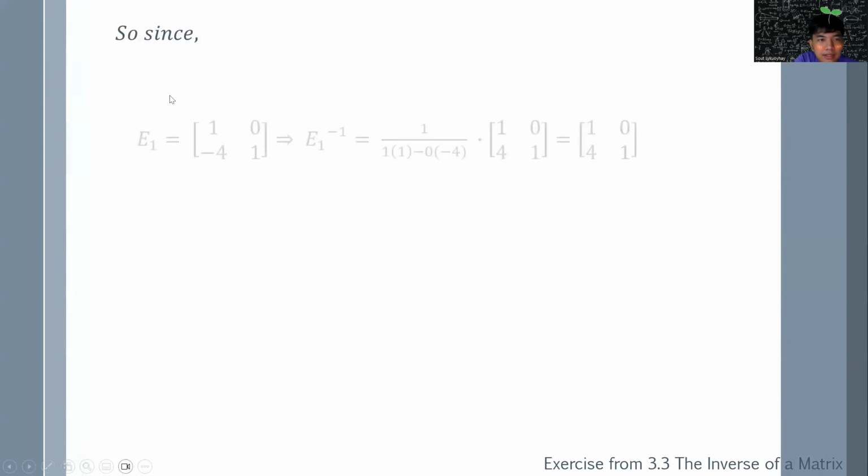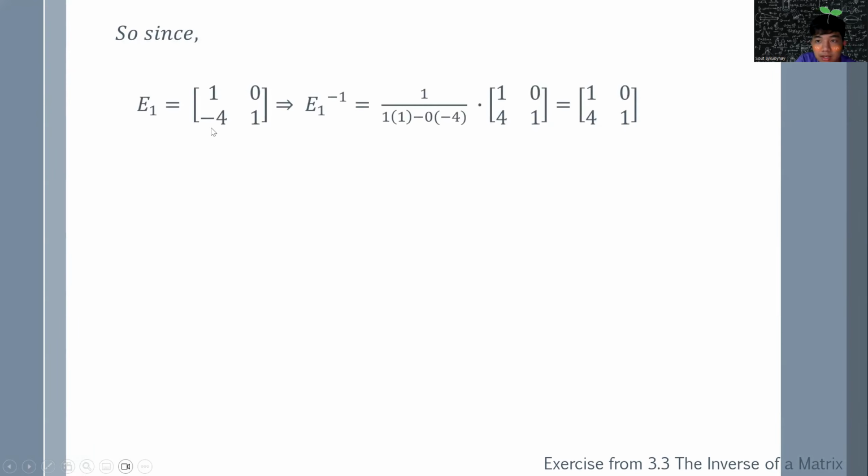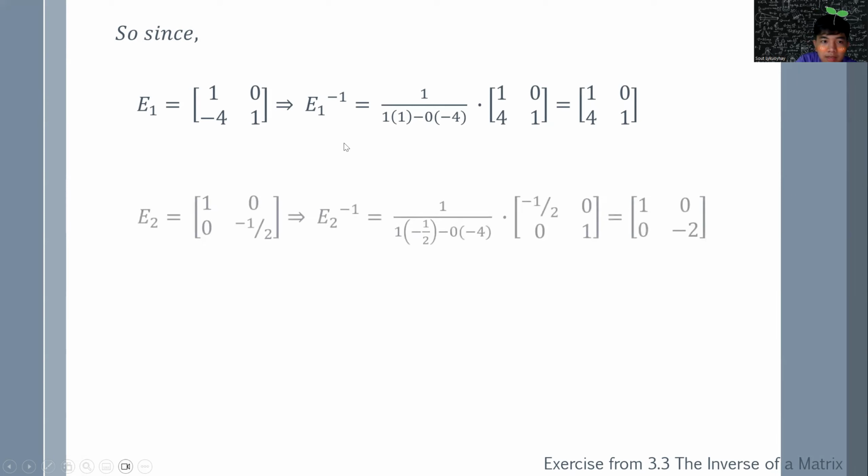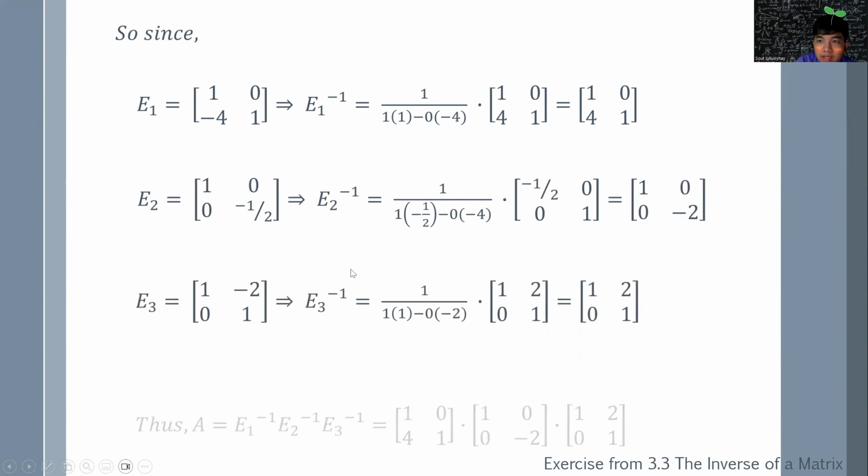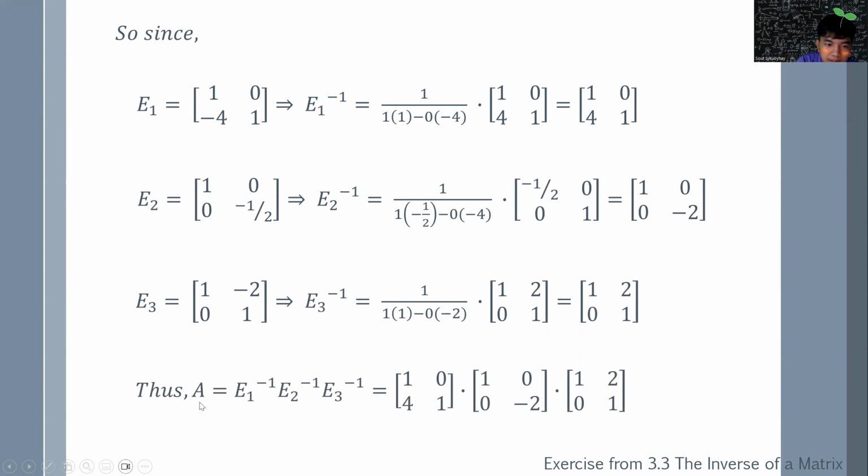Since we do the inverse of E1, E2, E3, we write it in this format: A equals E1 inverse times E2 inverse times E3 inverse, and here is the answer.